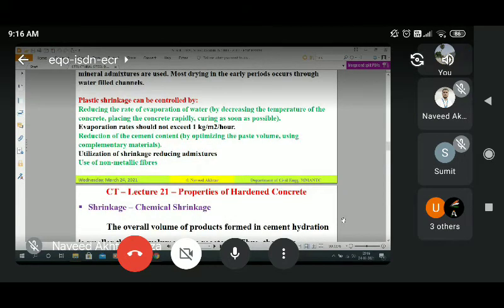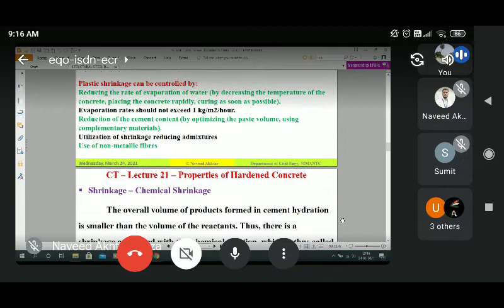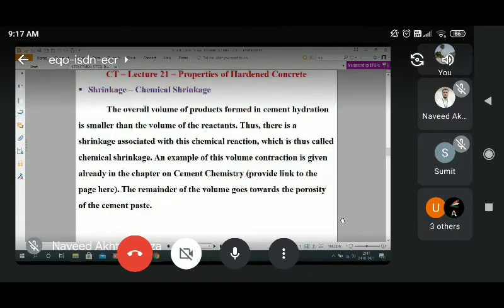Also, the use of non-metallic fibers, carbon fibers, polypropylene fibers, etc., also reduces the shrinkages in the concrete. Then the second type is the shrinkage due to thermal or chemical changes due to the hydration of your cement.